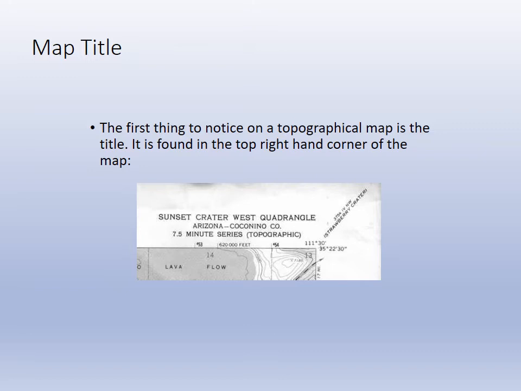So a 7.5 minute series is 7 minutes 30 seconds. In the extreme corners, you'll see the latitude and longitude. This Arizona map is 35 degrees, 22 minutes, 30 seconds north, and 111 degrees, 30 minutes west. The other corner would be 7.5 minutes different.